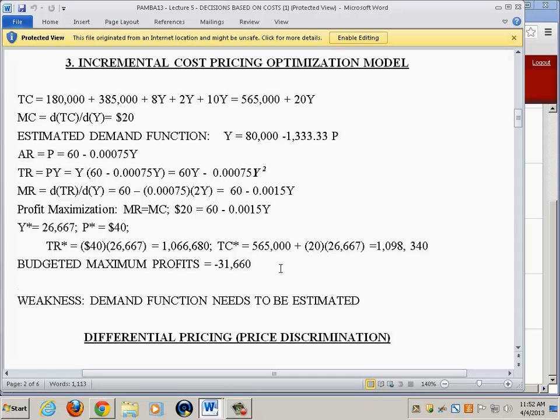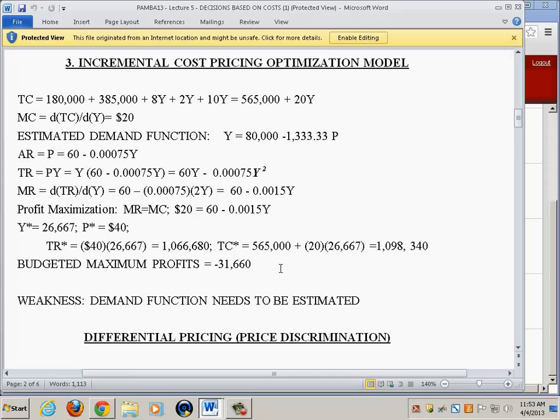But that's okay because profit maximization, well, it's not okay, but mathematically and logically it makes sense here. It's not okay business-wise because what it says is that the best that we can do is to lose money. Except that instead of maximizing our profits, we minimize our losses. But loss minimization and profit maximization are two sides of the same coin.